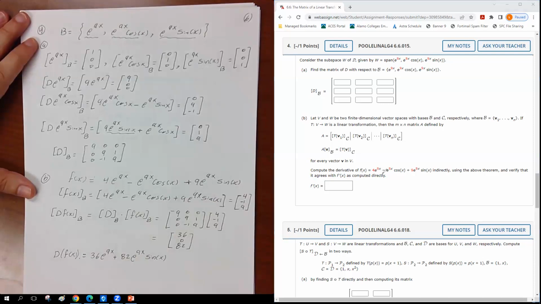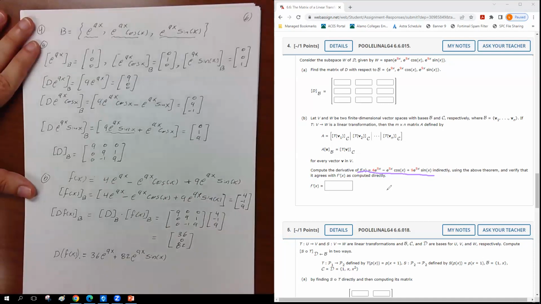They're telling you to start with this x. Indirectly by using this method, and we're going to find directly by using the regular derivative, and we're going to find the same two results.